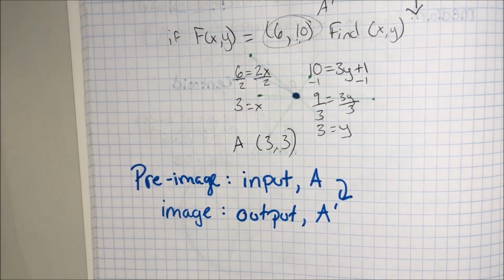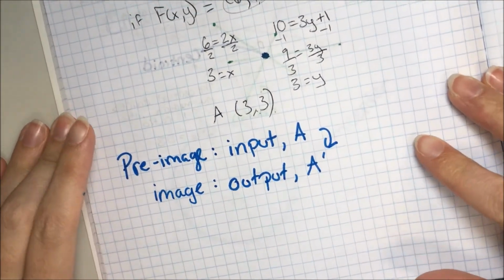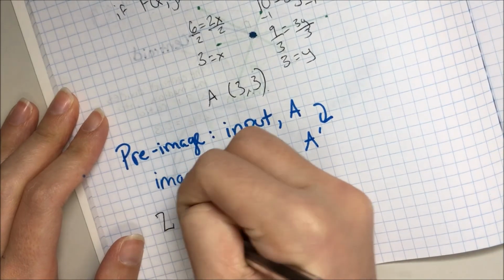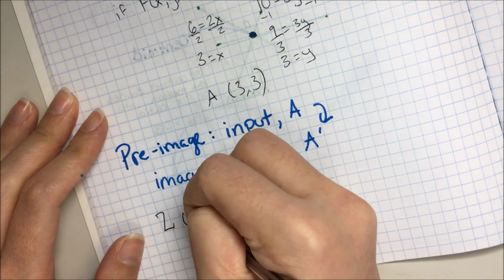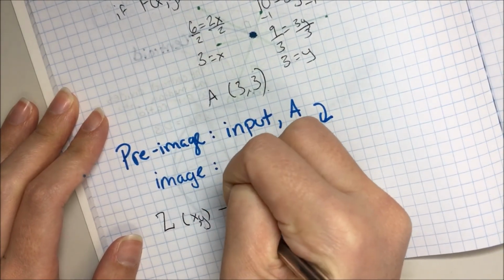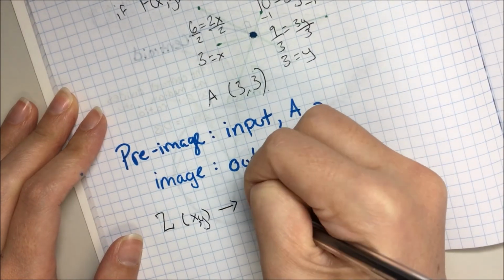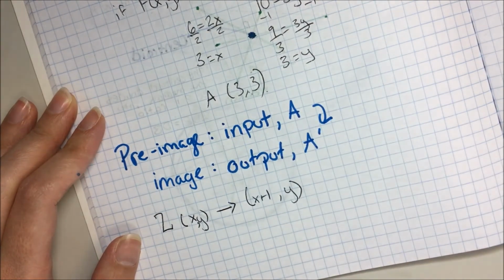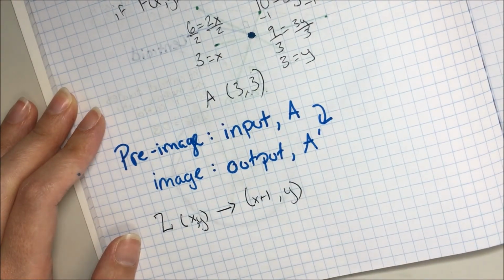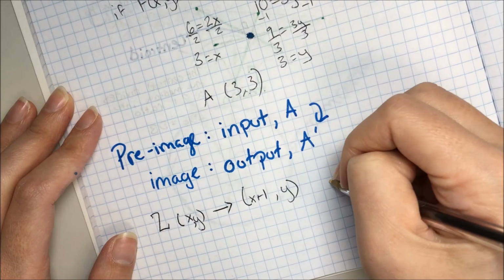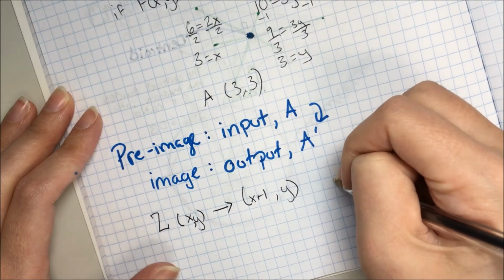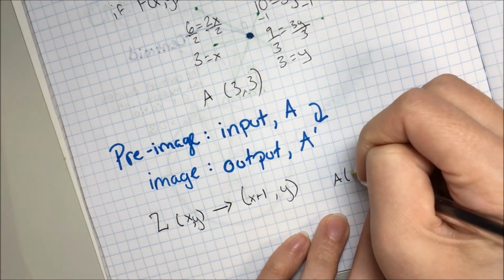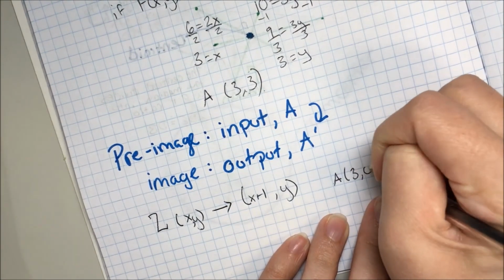Okay? So another example, let's say function z took xy to x plus 1, comma y. And then they wanted me to find what z would be if the point I was putting in, A, was 3, 0.